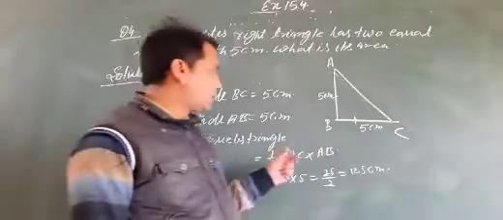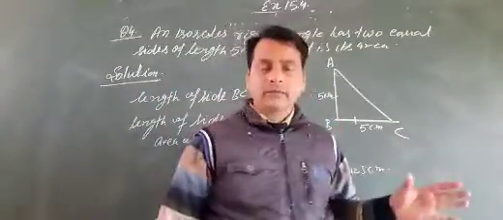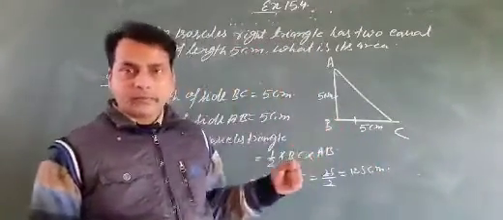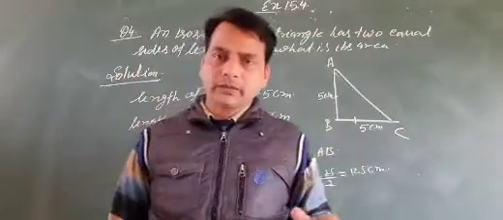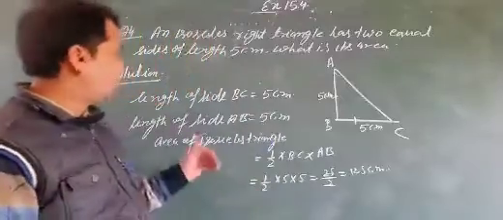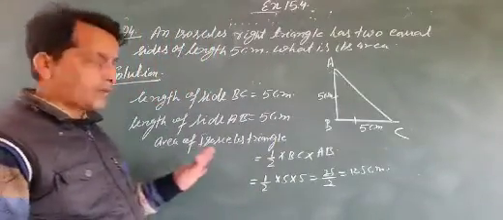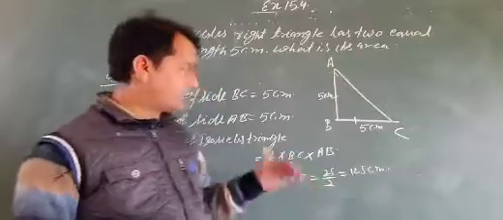Now we can apply the area of a triangle, and we know that the area of a triangle is 1 by 2 base into height. So apply the formula of the area of a triangle in this question.